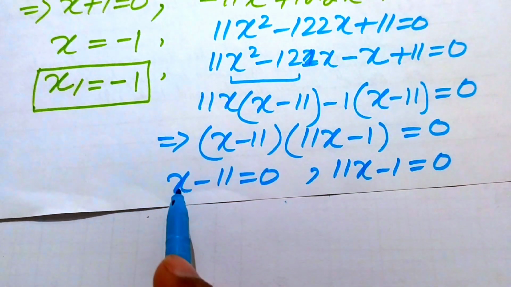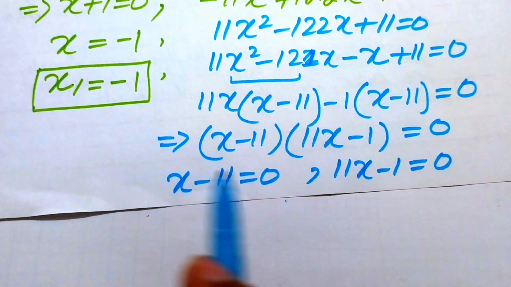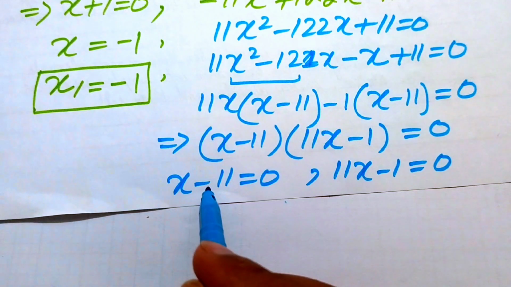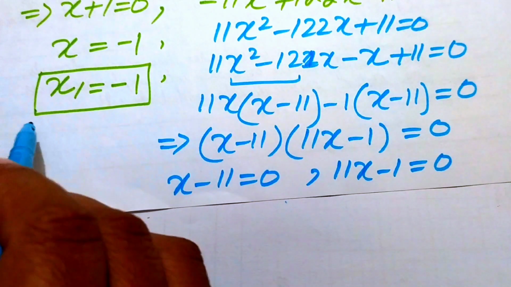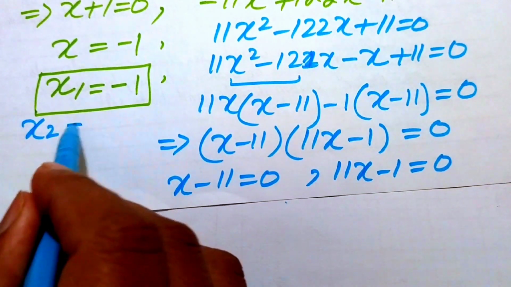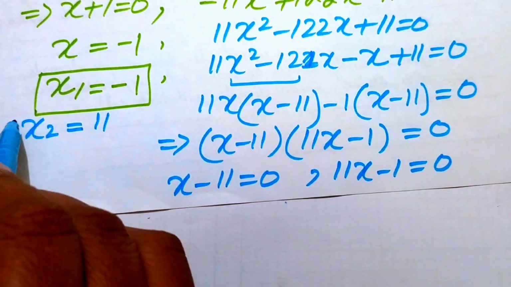So in the first factor we get the value of x equals 11, because when we move this minus 11 to the right hand side, you get the second root, which is x2 equals plus 11.